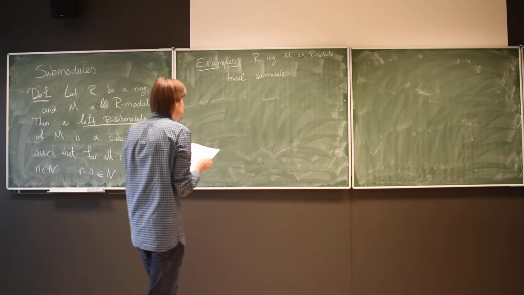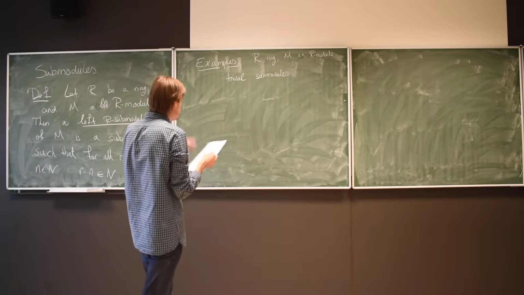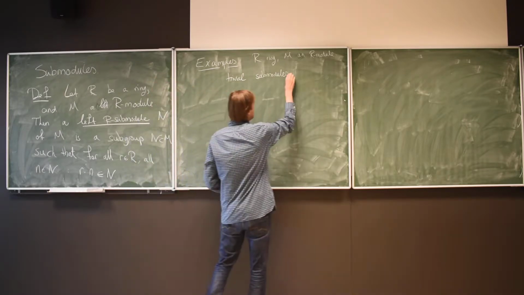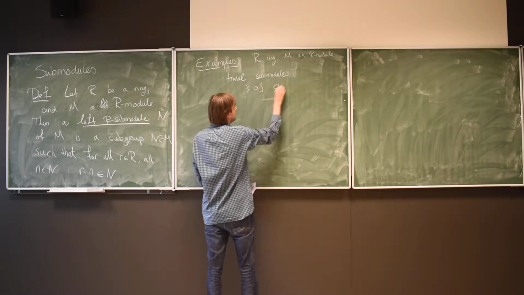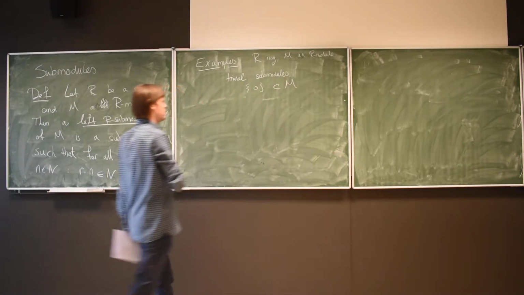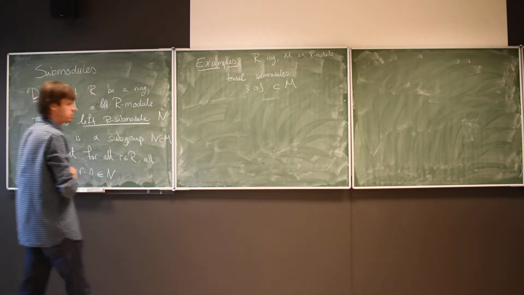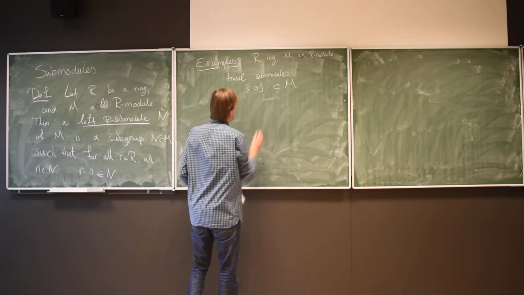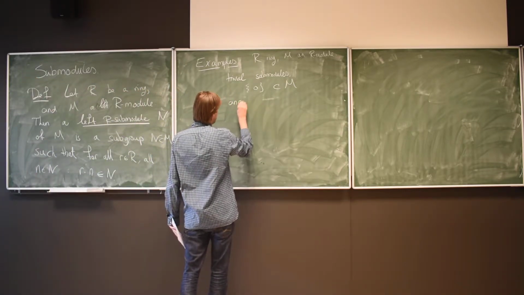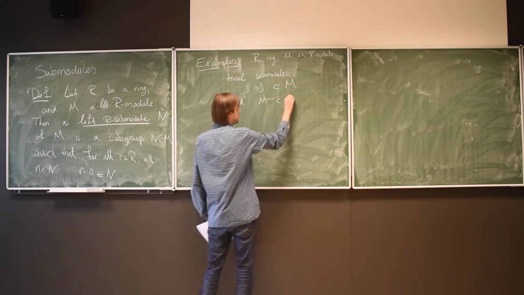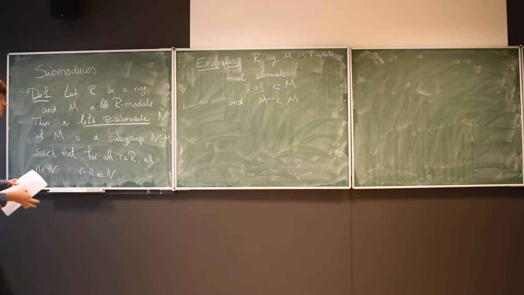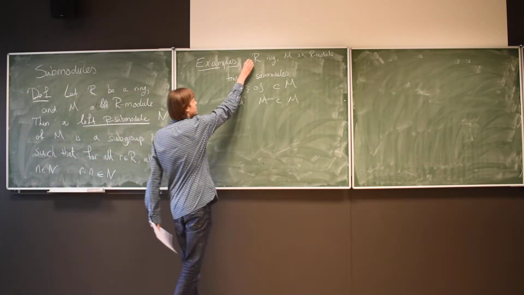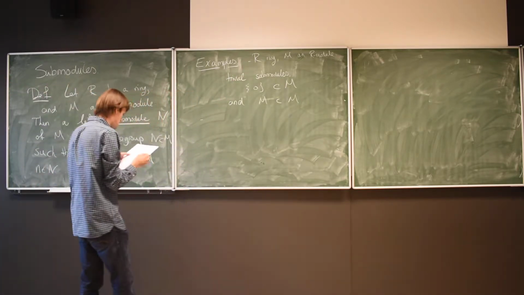So unless M is the zero module, you have two of them, namely just the subset which only contains the zero of M, and the other one is M itself, which is a subset of itself. Okay, so these are two very basic examples.